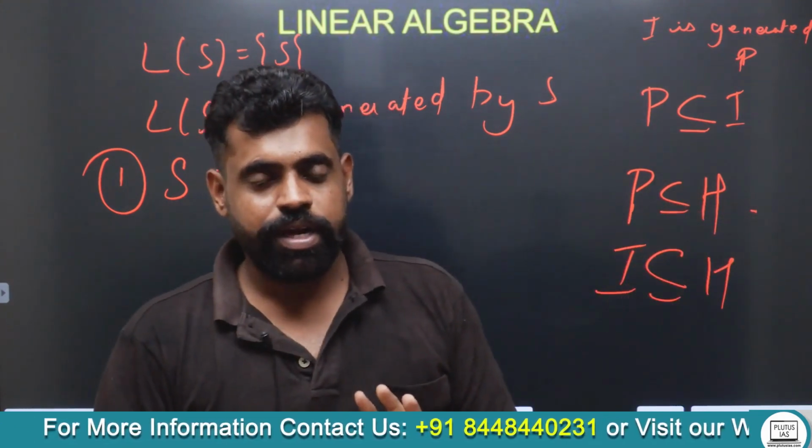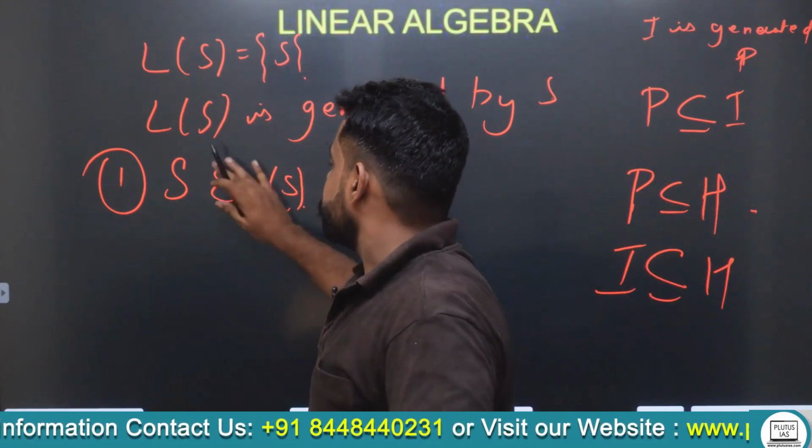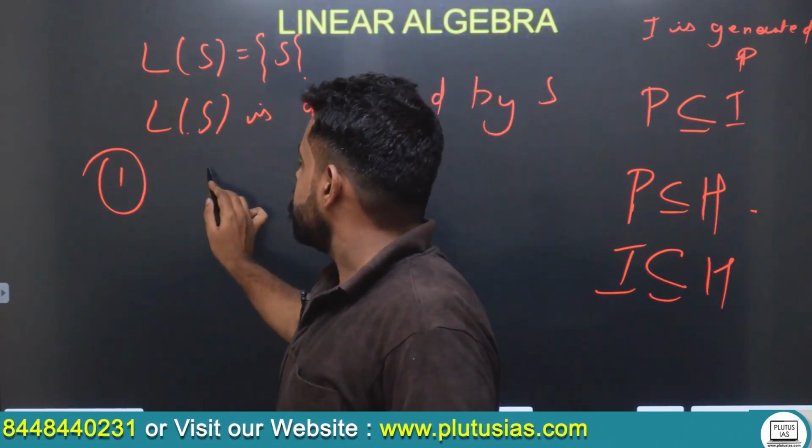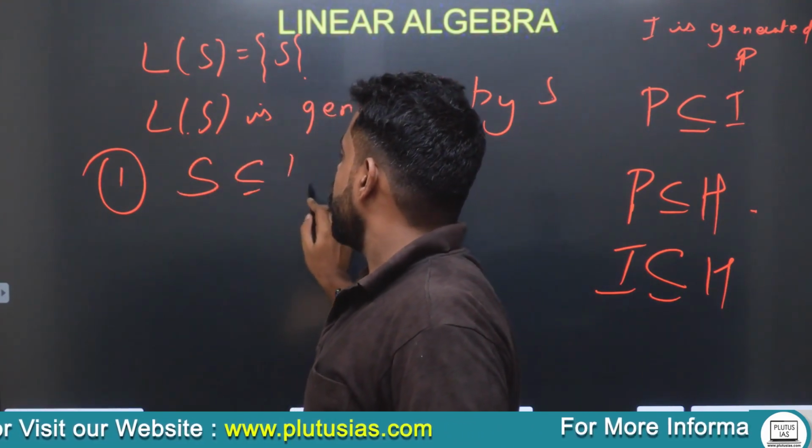That's the concept. Generated means, if I say that L(S) is generated by S, what I mean is, first of all, that S belongs to L(S).